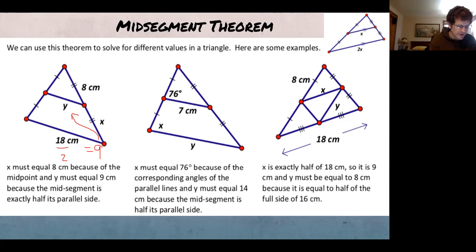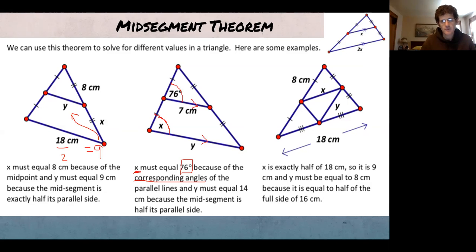All right, if we look at the next problem, I'm going to go through the explanation they put below. X, in this case, must equal 76 degrees because these lines are parallel. If I look at this 76 right here and this X, those are corresponding angles, and we've already learned that corresponding angles are congruent.